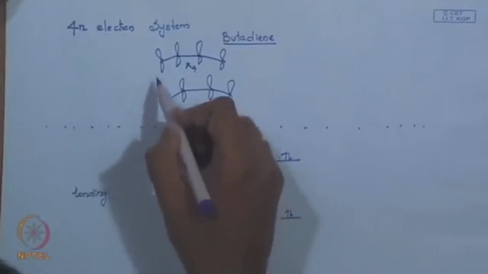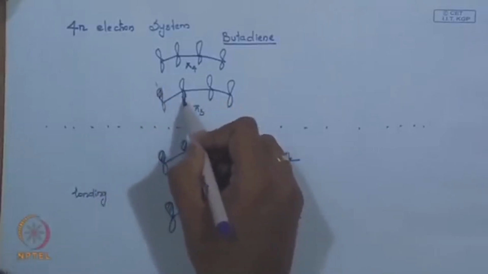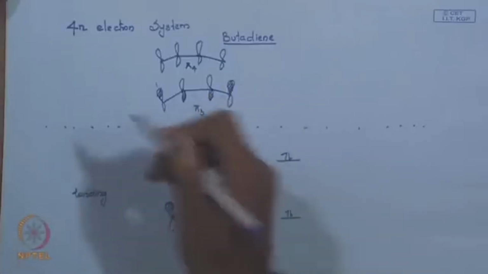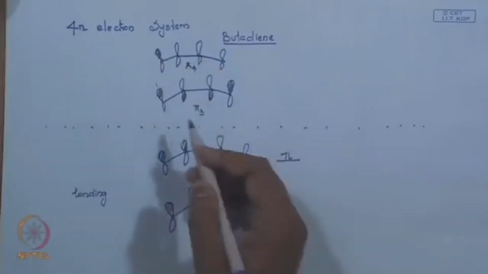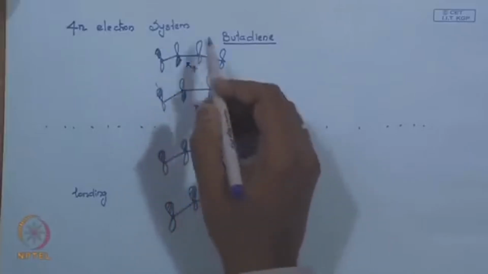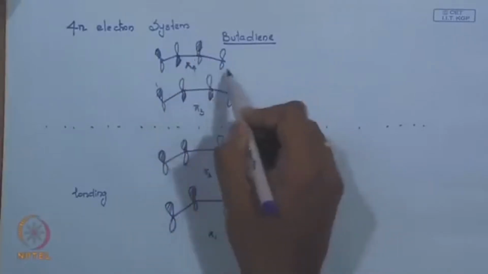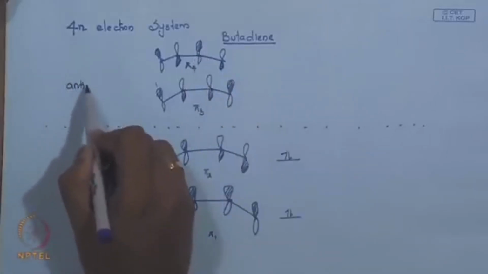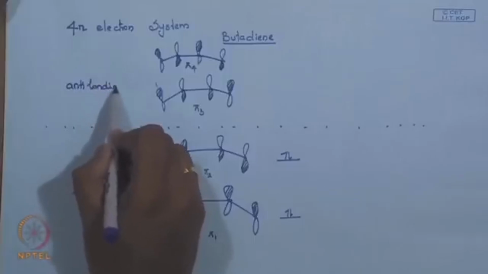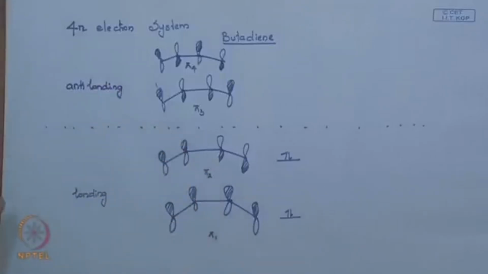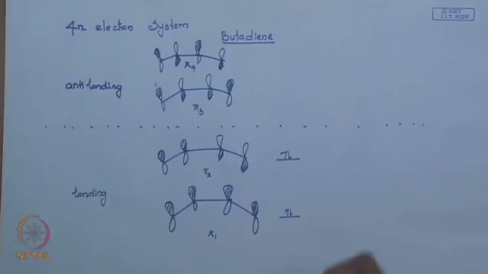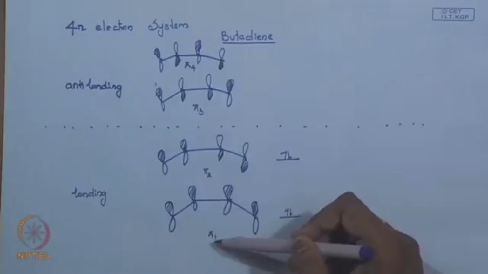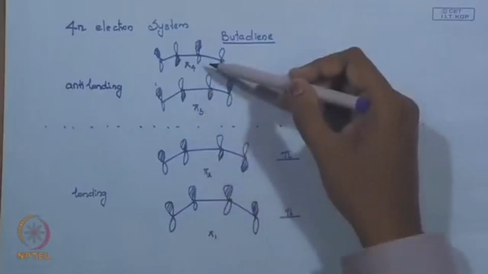So, this is your anti-bonding. So, this is your system of butadiene which you have already studied. So, this is your pi 1, pi 2, pi 3 and pi 4.